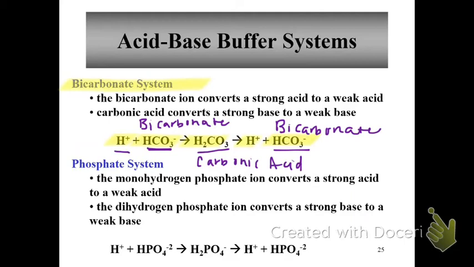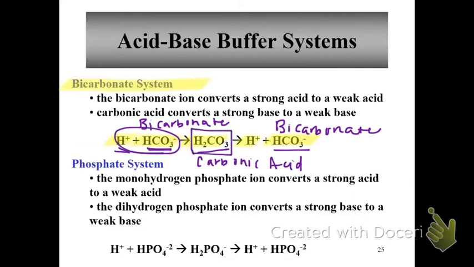But you want to know that. So the hydrogen proton with a bicarbonate makes carbonic acid, which then disassociates, or the word disassociates just means breaks down, into hydrogen and the bicarbonate again. So really, it's easy if you think about it. The hydrogen and the bicarbonate make carbonic acid.